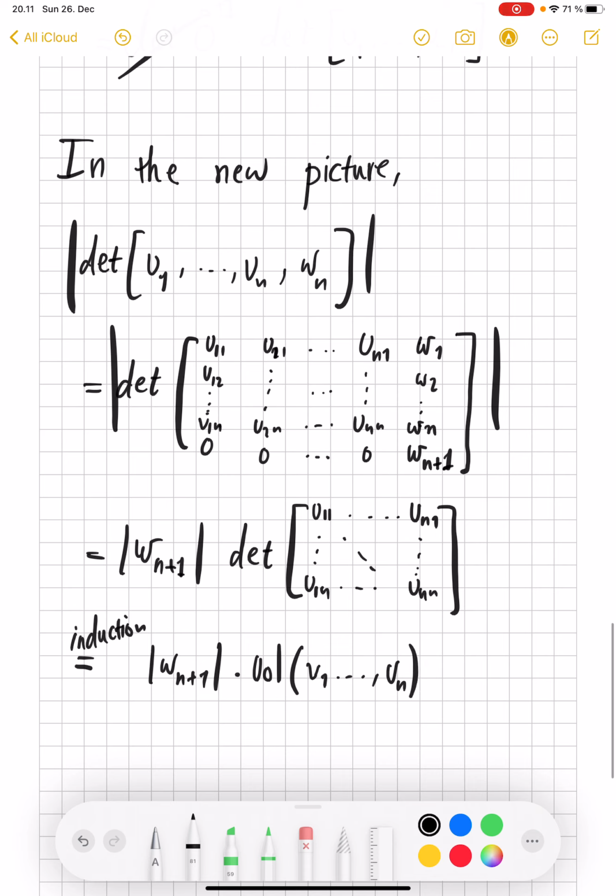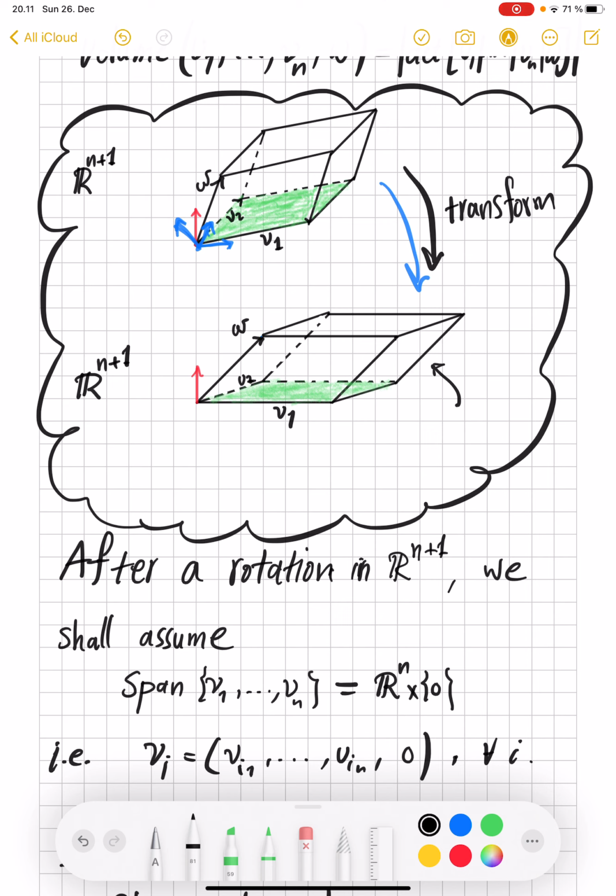So in this picture, we can forget that v1, v2, and so on are lying in the larger R^{n+1}. We can just assume that they are inside R^n, which they effectively are, and then n of them together, when you compute the determinant of these columns with the vi's, is equal to the n-dimensional area of that base, so the green part.